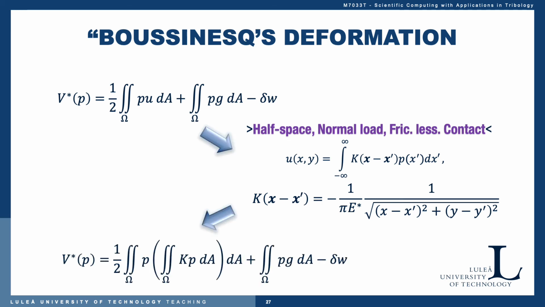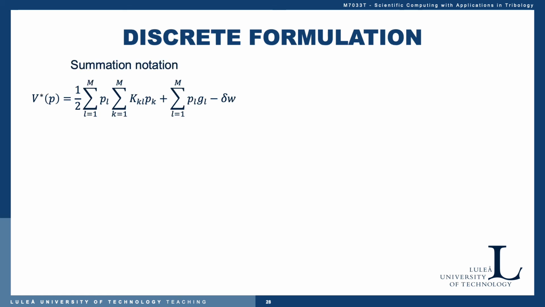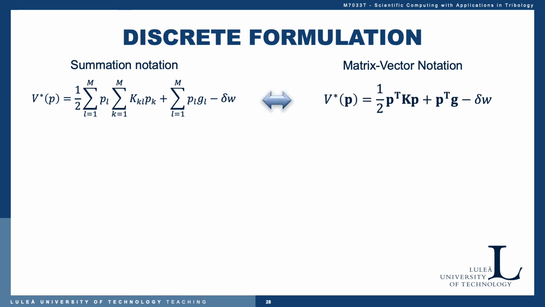Then if we insert it into the total complementary energy, we get this expression, which if we formulate it discretely in summation notation, can be written like this. We can also formulate it in matrix vector notation, which is quite convenient when we then minimize our total complementary potential energy with respect to P.